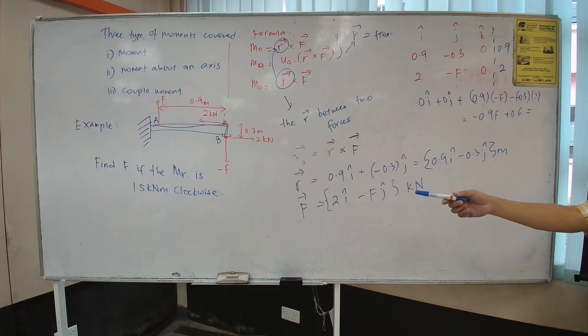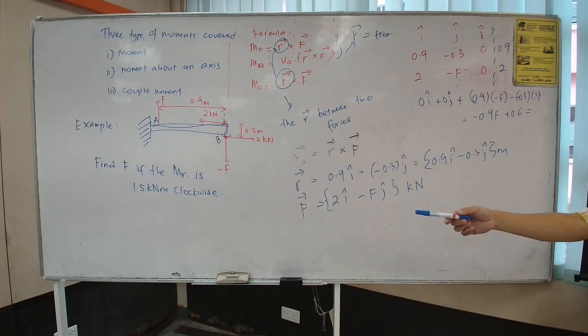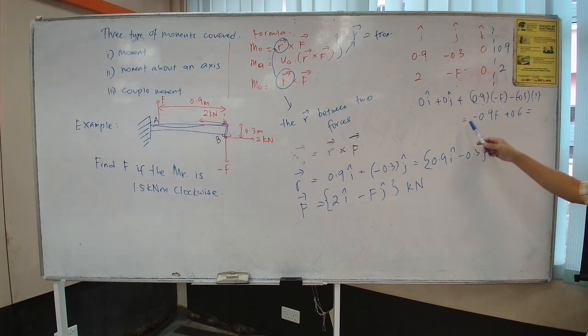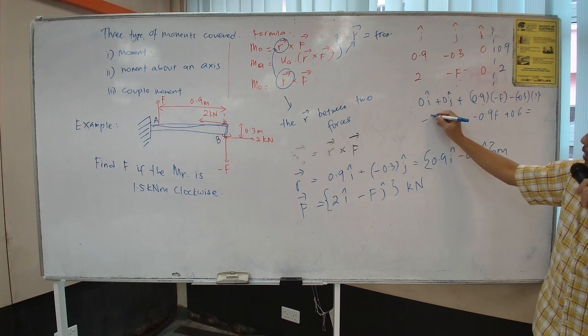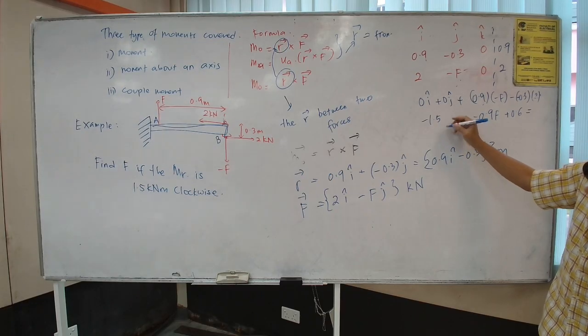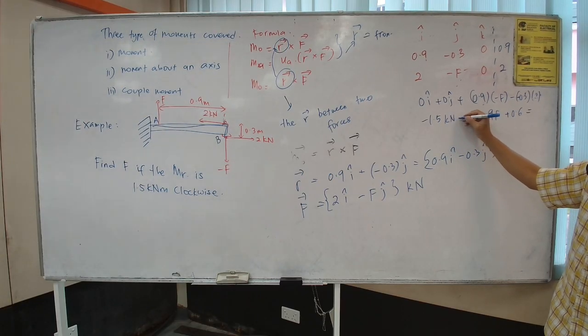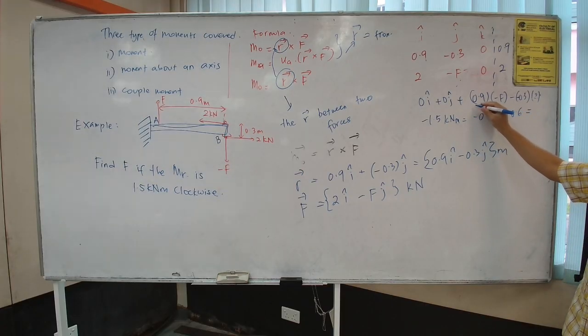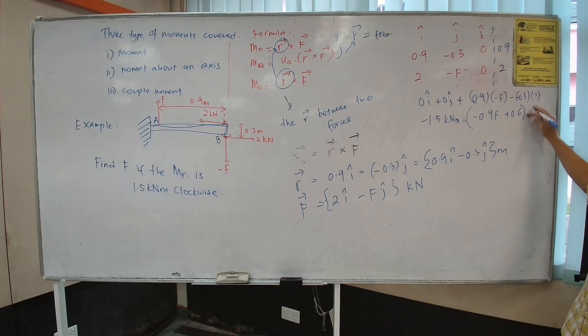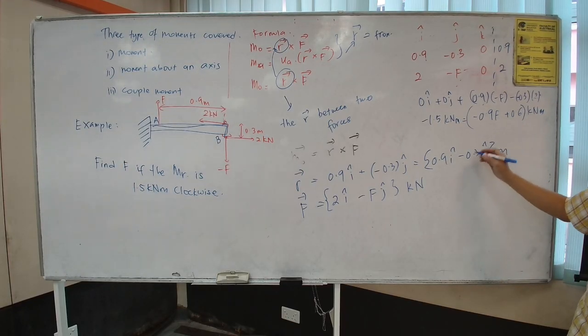So clockwise, positive or negative? Negative. So this value actually equals negative 1.5 kilonewton meter, which is also kilonewton meter, and then you set everything.